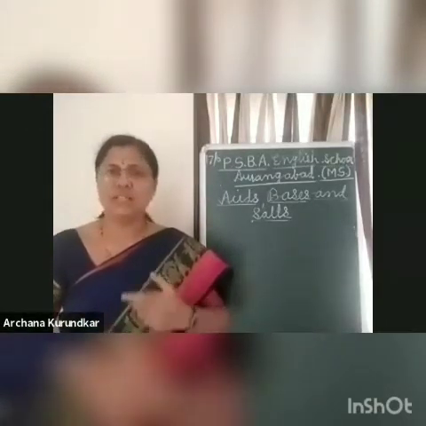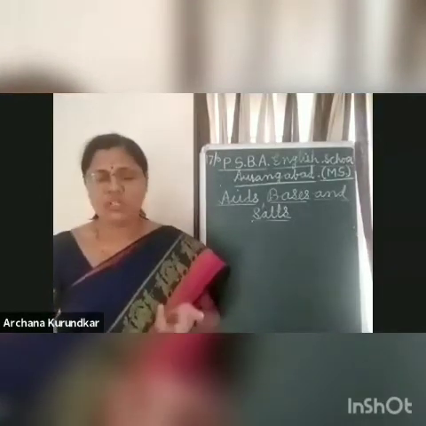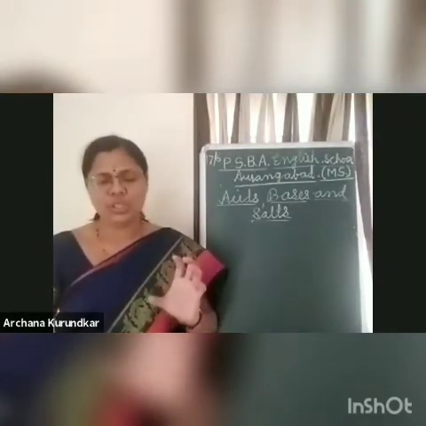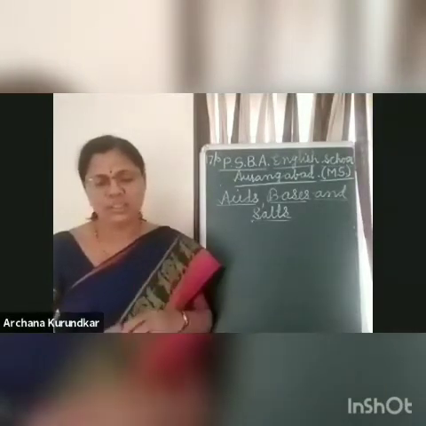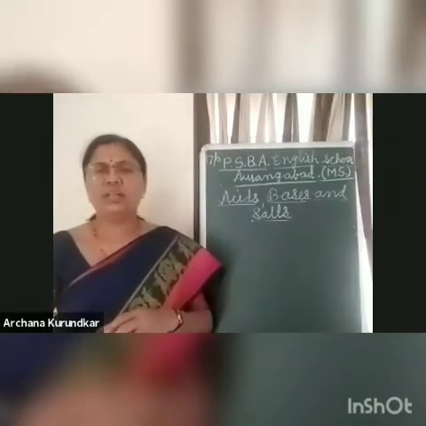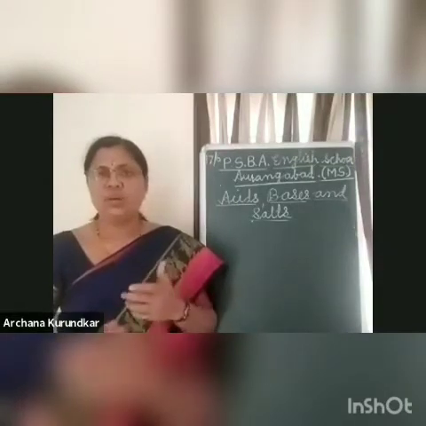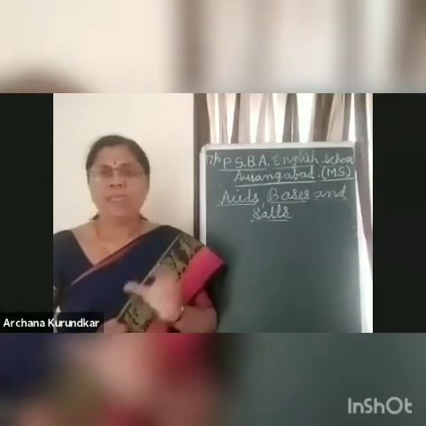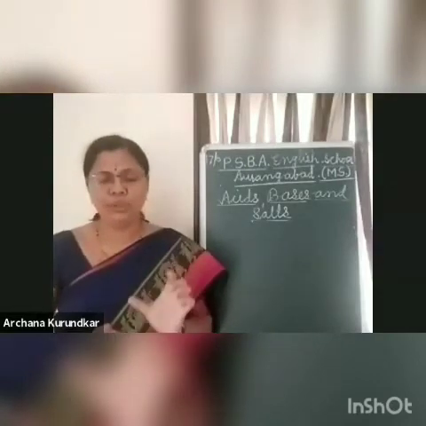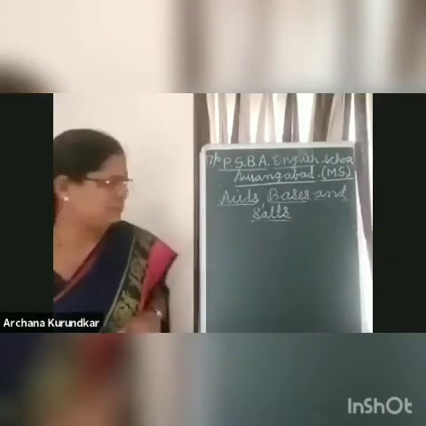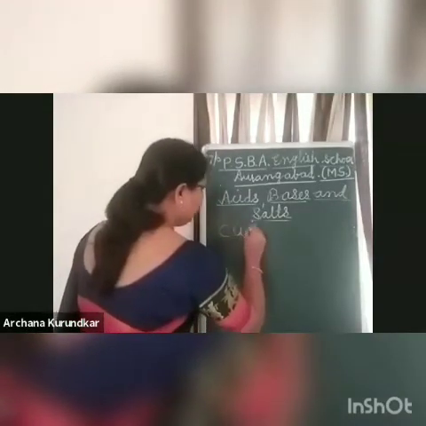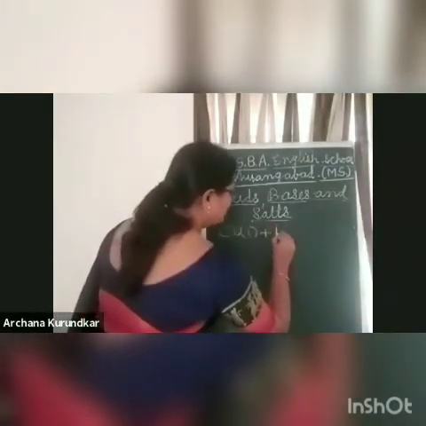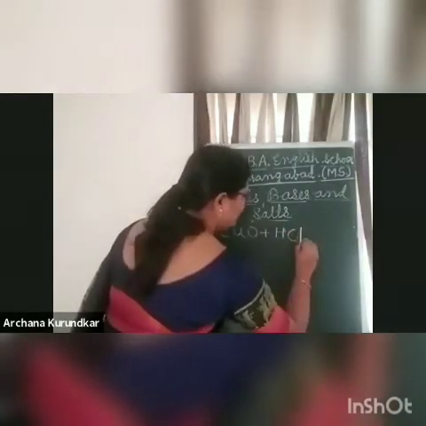First, we will understand the observation. The solution becomes blue-green and copper oxide dissolves in the hydrochloric acid. So the solution appears blue-green in color. So, I will write the reaction: CuO plus HCl.